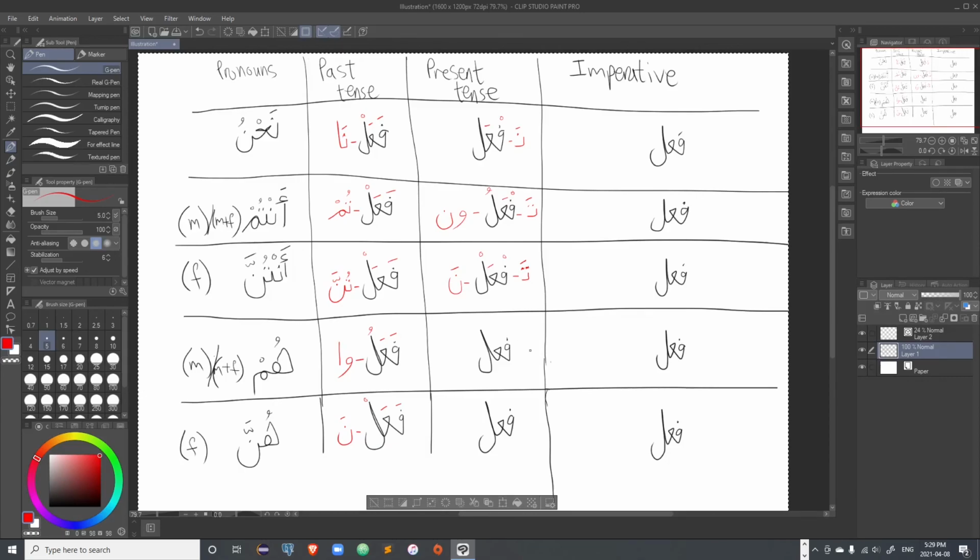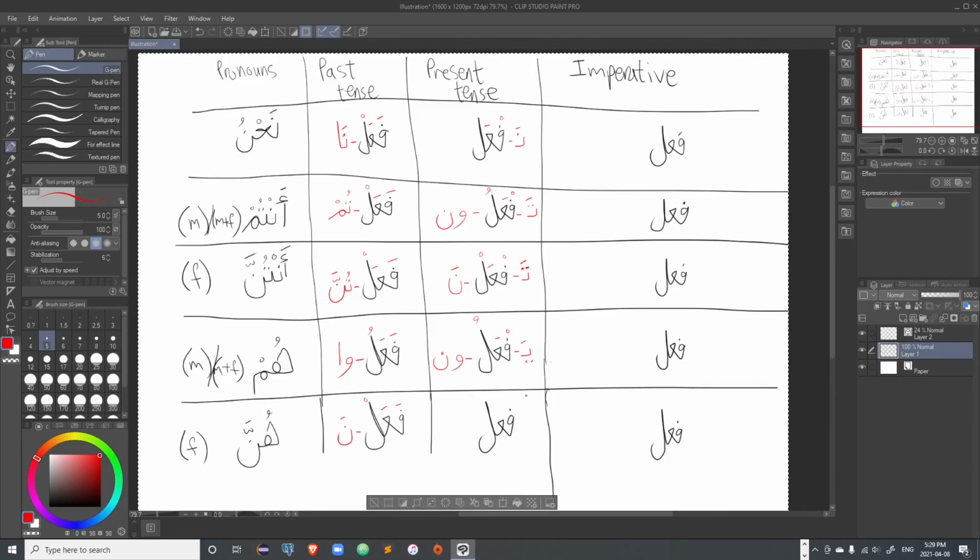For the third person, it would be يفعلوا, and for the present tense, we still add the waw that indicates plurality and noon. يفعلون, this is a vowel, like here too, it is a vowel. فعلوا.